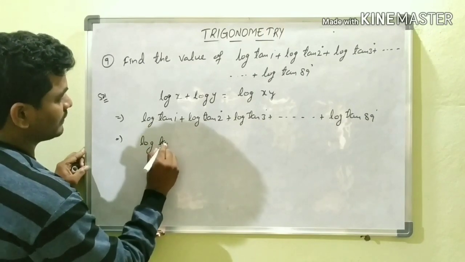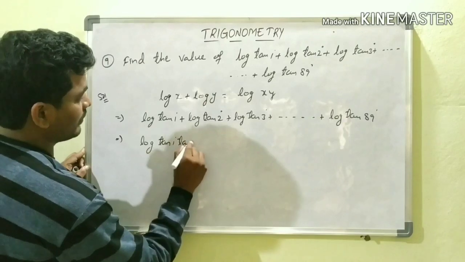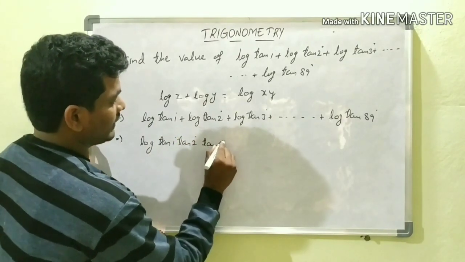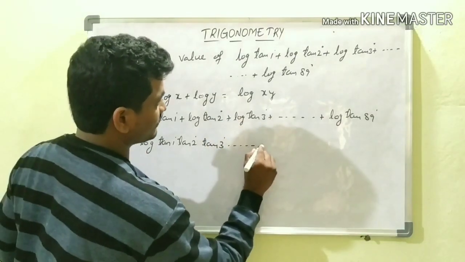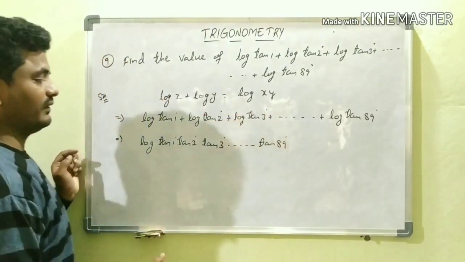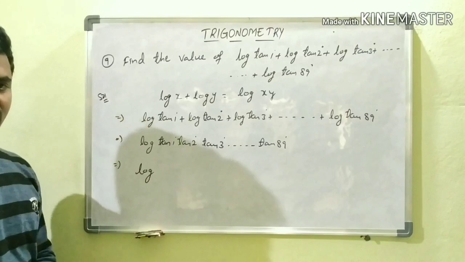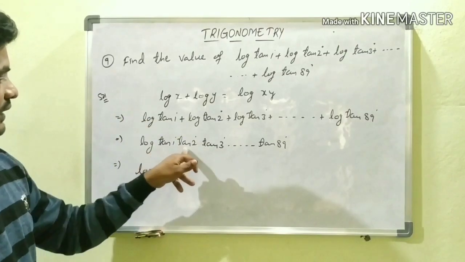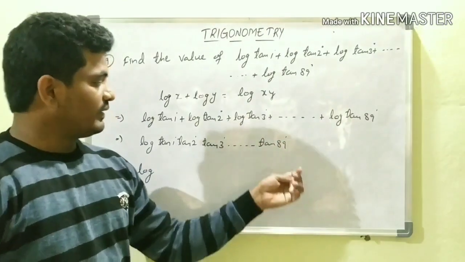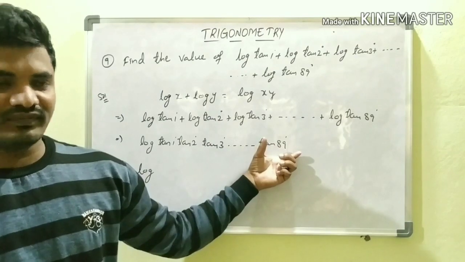log of tan 1 into tan 2 degrees into tan 3 degrees into and so on, tan 89. And next term, I'm writing the same as tan 1, tan 2, tan 3, and from the last, tan 89, its complement is cot 1.